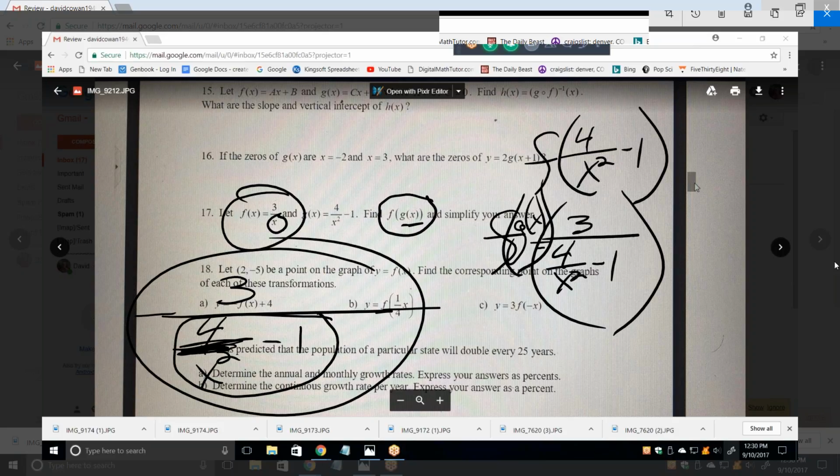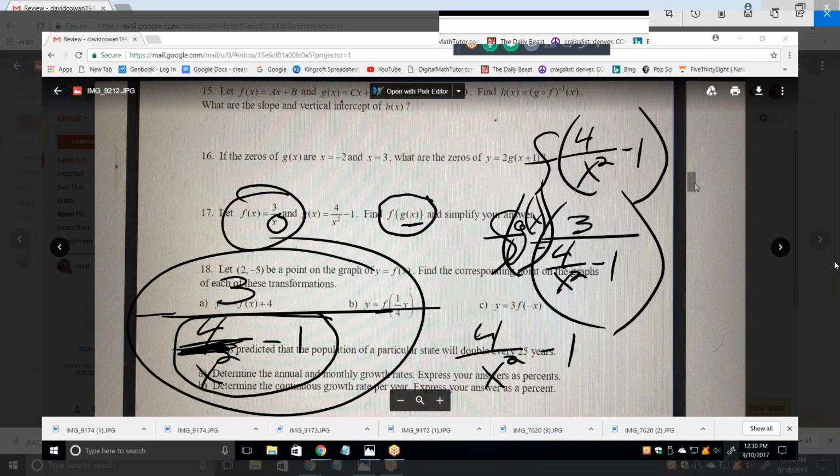So what does the bottom simplify to? What is 4 over x squared minus 1 equal to? How do you do that math? You multiply 4 to each side. That's not an equation. That's an expression. How do you subtract a number from a fraction? You have 4 over x squared and you're trying to subtract 1 from it.